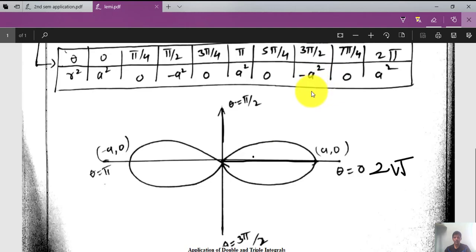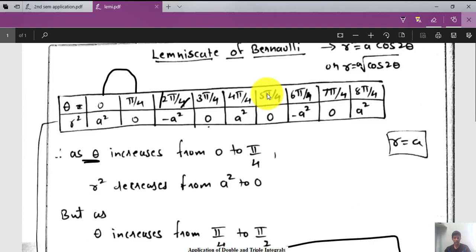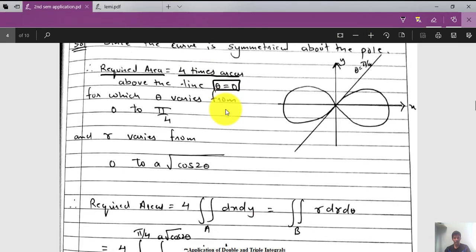So what we'll do is move on. Here it is 0 to pi by 4. Once more I will give you a screenshot of how to plot the graph with respect to the value of theta and r.